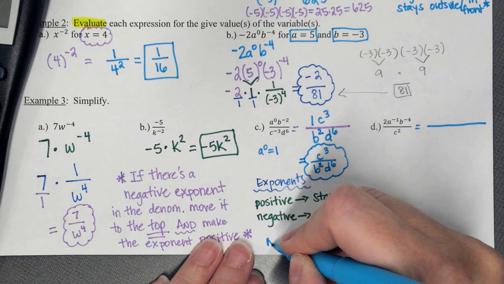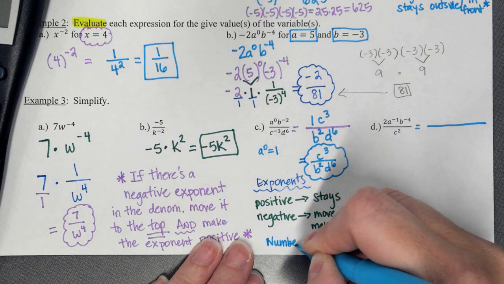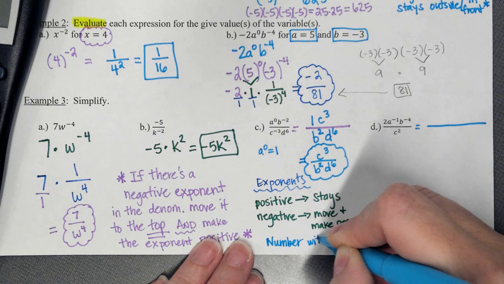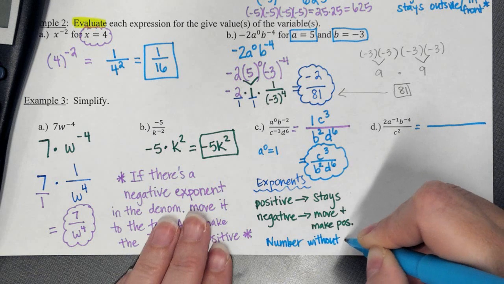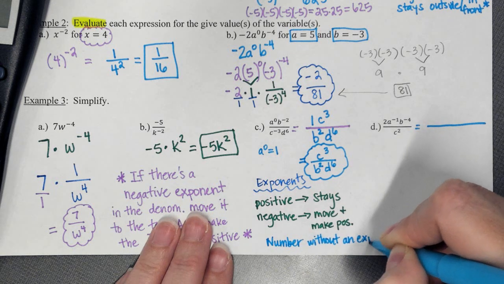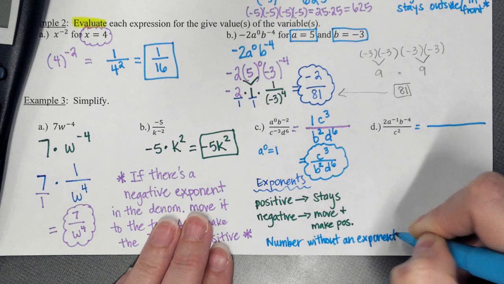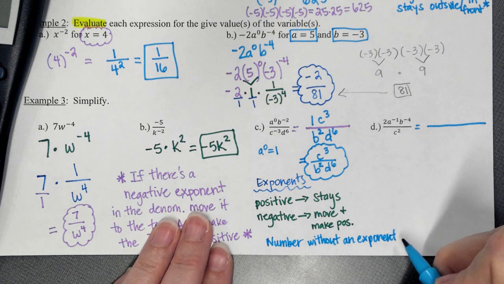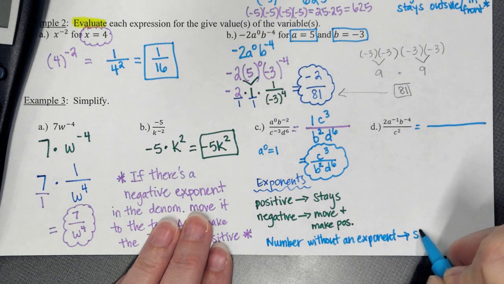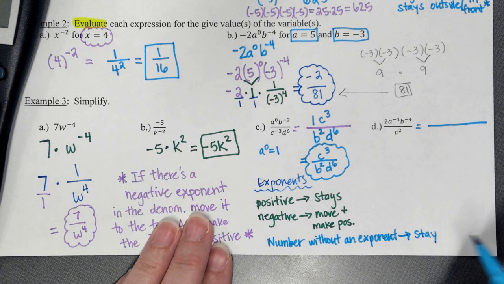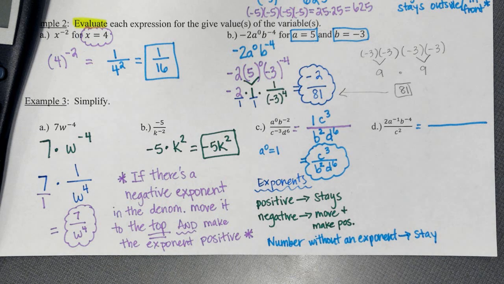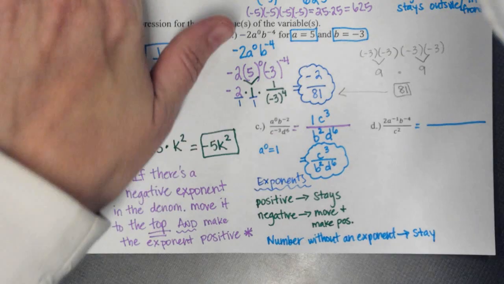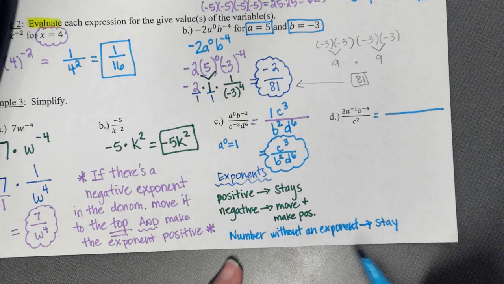So that's a special rule. If you have a number without an exponent, then it's going to stay. Okay, and now you know all the rules of this.